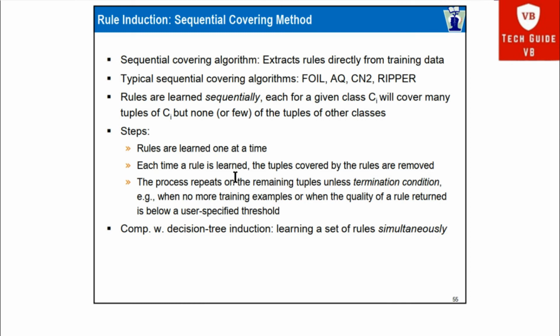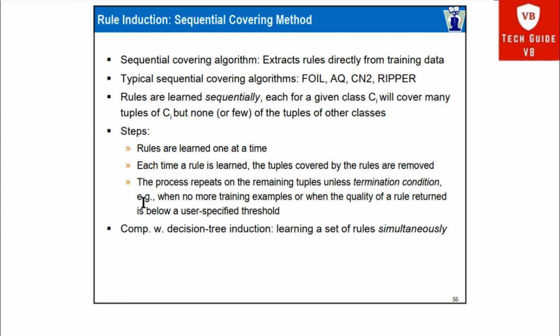Each time a rule is learned, the tuples covered by the rule are removed. Then the process repeats on the remaining tuples until a termination condition, for example, when there are no more training examples, or when the quality of a rule returned is below a user specified threshold.